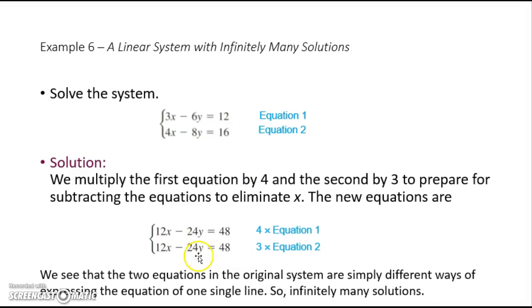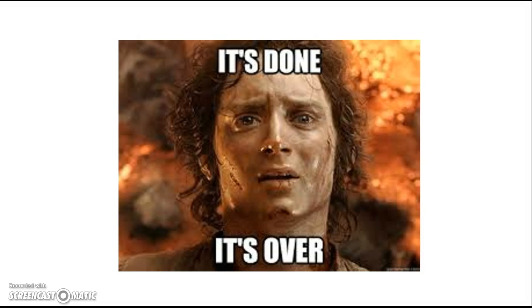Well, these two are the same. If we were to subtract, we would get 0, 0, and 0. And it's always true that 0 equals 0. So this system has infinitely many solutions. These two equations are the same line.